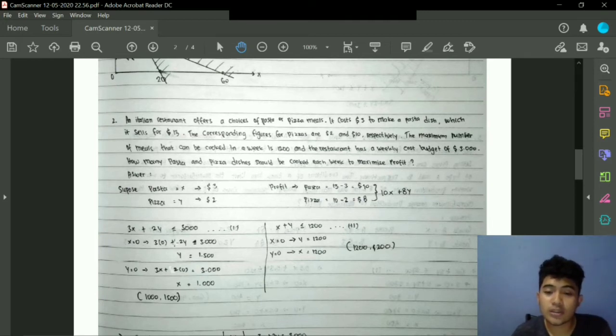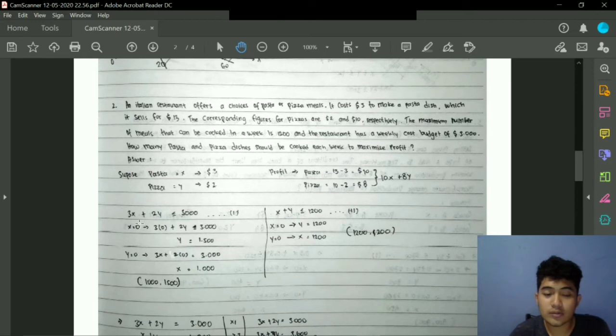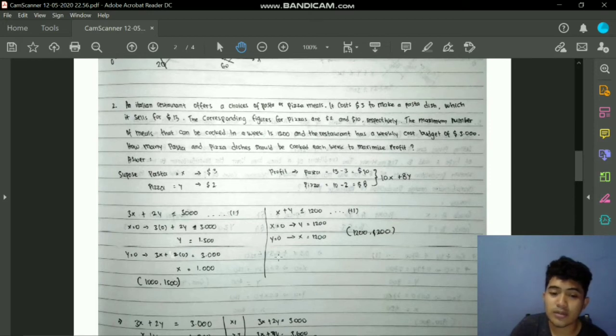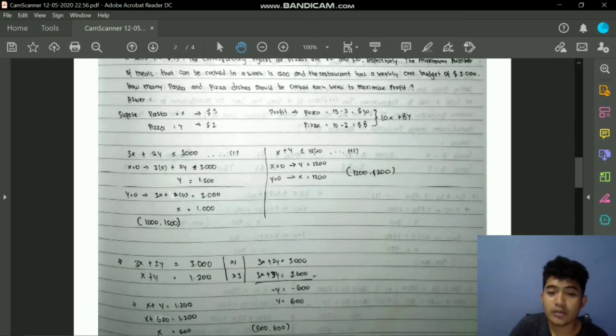Just like number one, we use zero in these equations to get the coordinate points of these two linear equations. Then we eliminate them: 3x plus 2y equals 3000 and x plus y equals 1200.